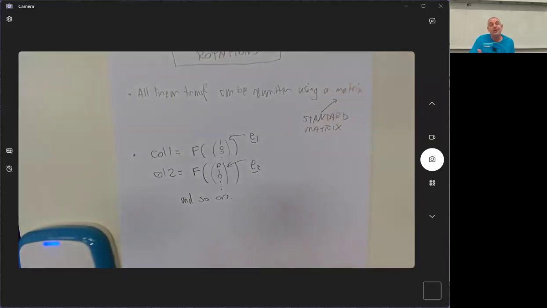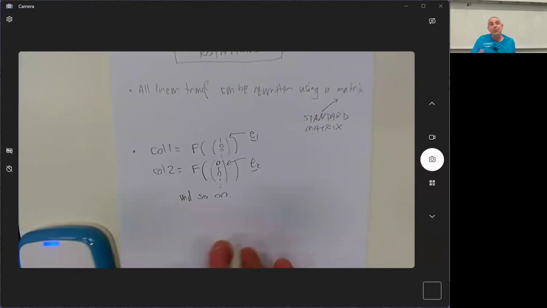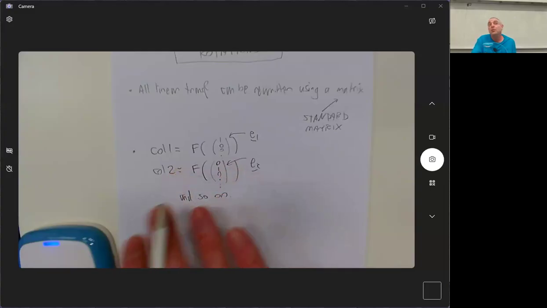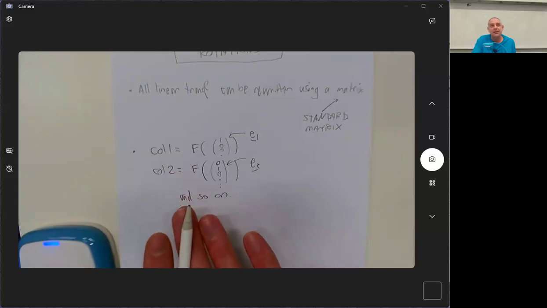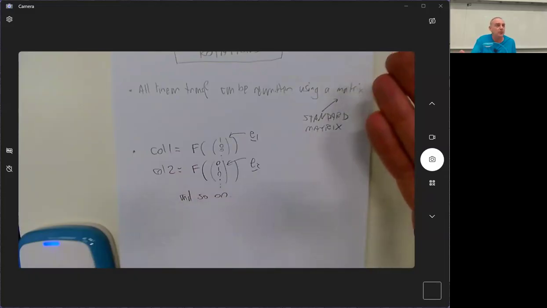But it is worth pointing out that that is how you can find the matrix for any linear transformation. Some linear transformations have formulas that allow you to find the matrix a different way to that, but this will always work. In fact, in your course, this is defined to be what the standard matrix is, as opposed to the only way to write your linear transformation using a matrix.